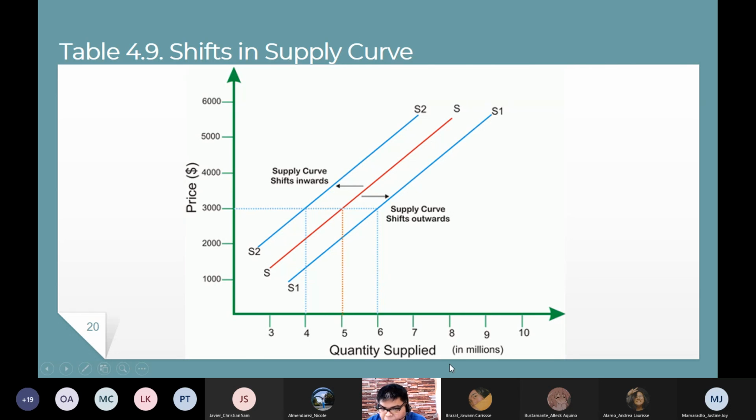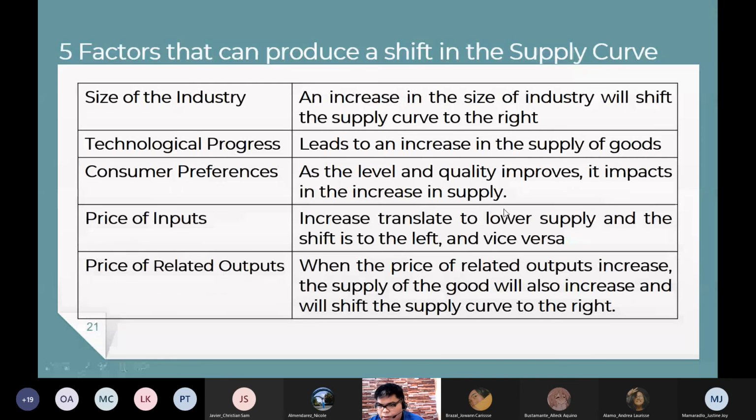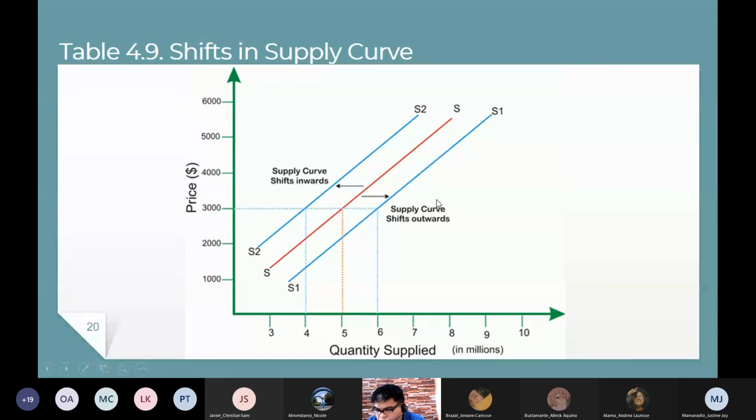So, bakit nangyayari to? Bakit mayroong ganitong scenario ulit ng supply curve? And here are the factors. So number one is the size of the industry. An increase in the size of the industry will shift the supply curve to the right. So pag dumadami yung mga players sa industry or malaki yung industry mo, dapat outwards ka.